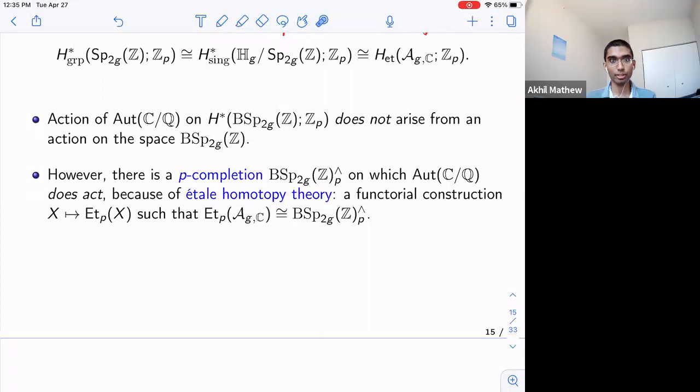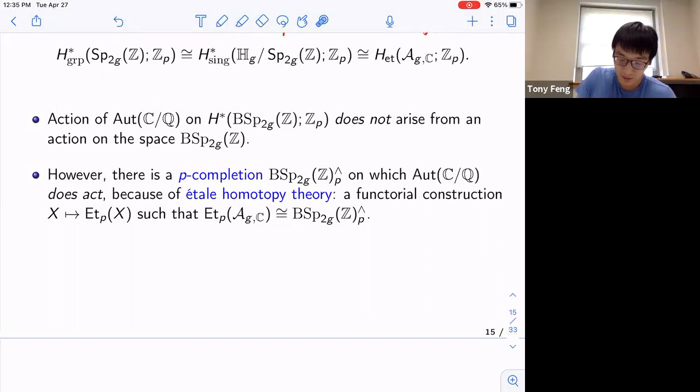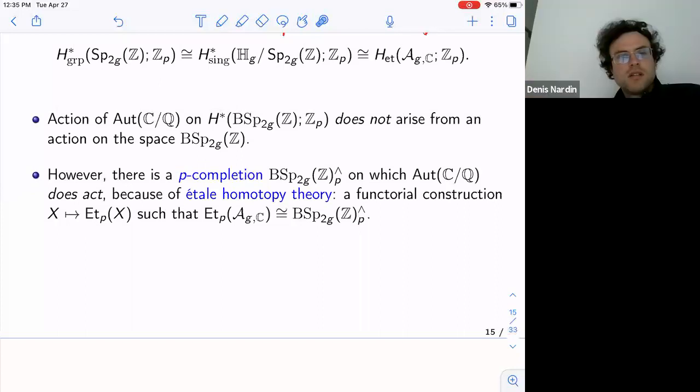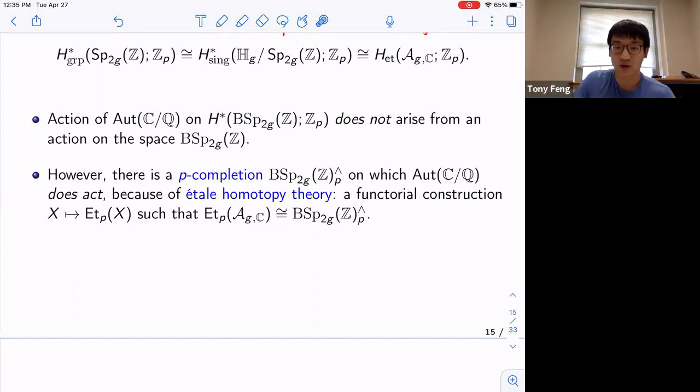Is the pi 1 going to be something like the symplectic group of Z hat or something, or is it more subtle? I think that for Sp2d(Z), if you p-complete it, you'll just get something like 0. I think it will produce something that's not a one type, this p-completion. The p-completion is definitely not a K(pi,1) anymore. Yeah.